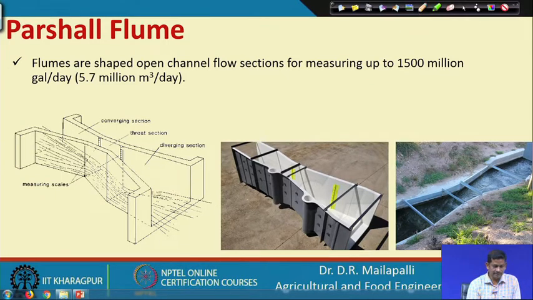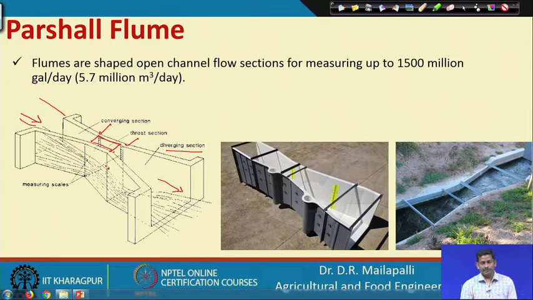As I said, this is a convergence section. The flow takes place from this end to this end, so initially the flow is converged. Then these are the measuring scales, scale 1 and scale 2, and this is the diverging section, and in between is the throat section.